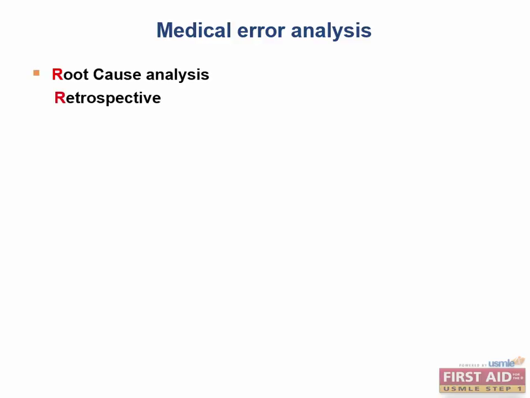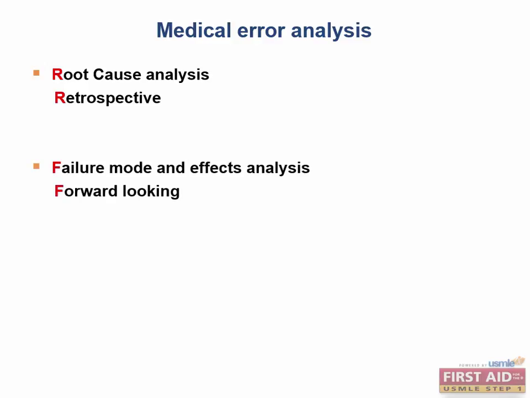Root cause analysis is retrospective, in that it seeks to identify the problems that lead to an error that has already occurred. Causes can be processes, people, equipment, materials, management, you name it. In contrast, failure mode and effects analysis is prospective or forward-looking. This type of analysis seeks to identify all of the ways a process might fail in order to stop it from occurring.